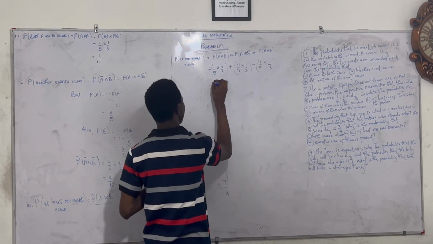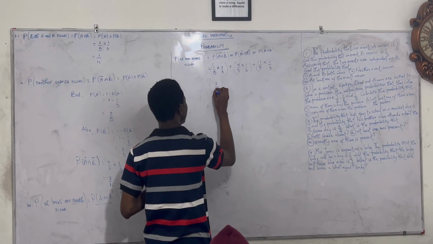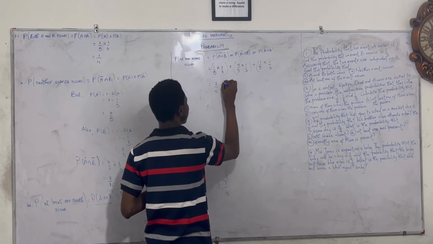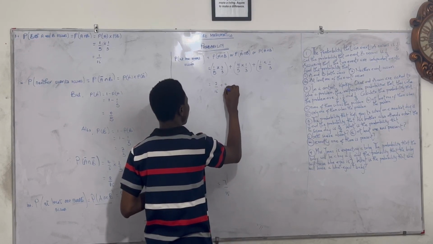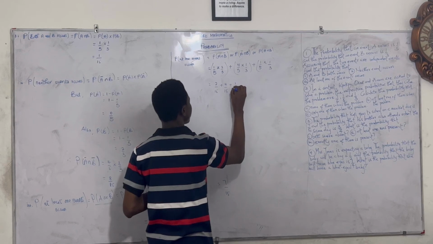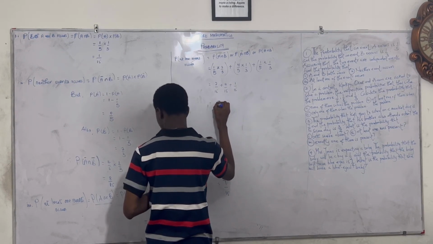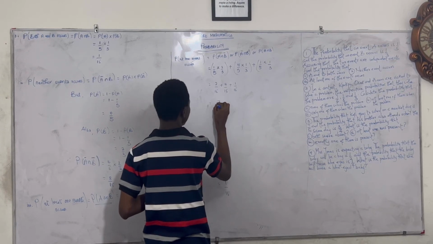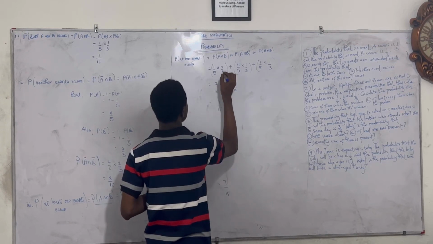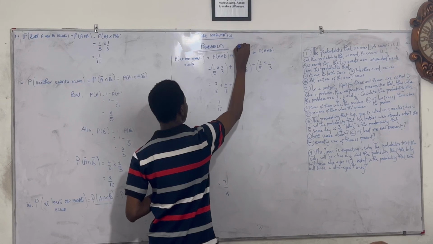So here you have 2/15 plus 4/15 plus 1/15. You still get 7/15.